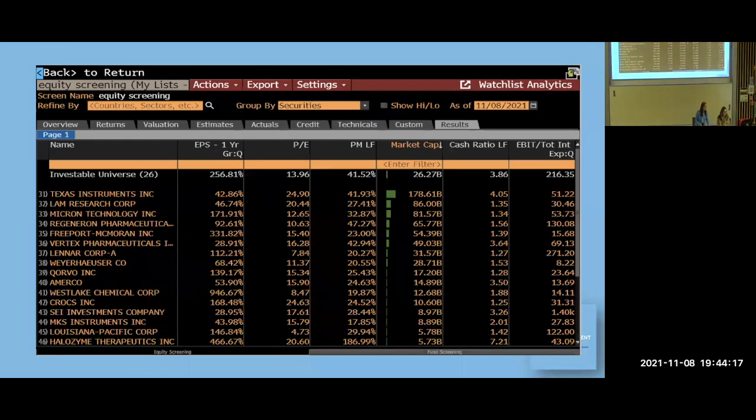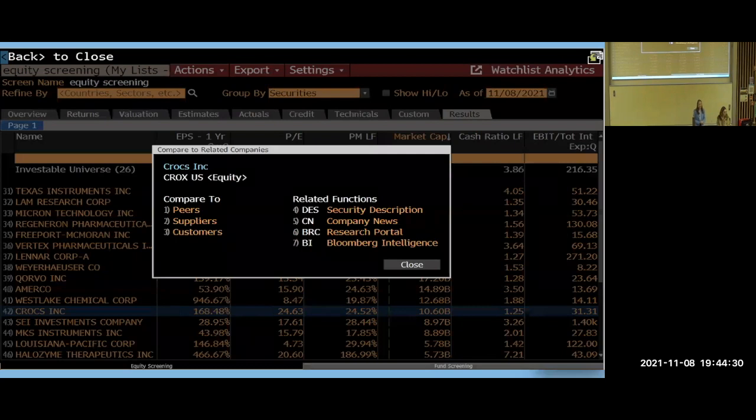If you were to then click on one particular company, so you select the name of the company that you want to look into in more detail, for example, here, if you select Crocs, then you can find a little bit more detail on it.